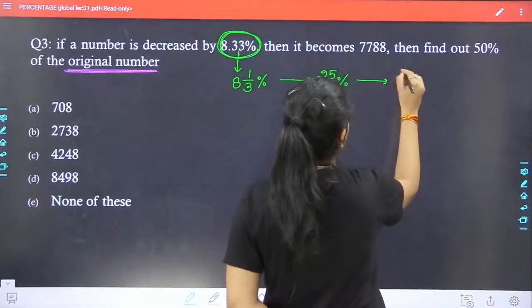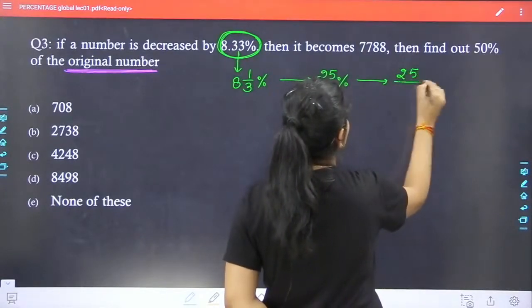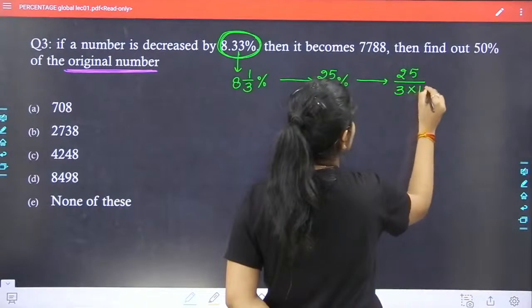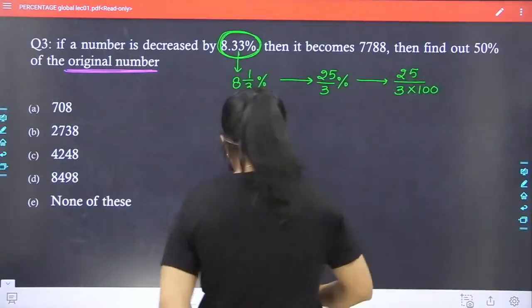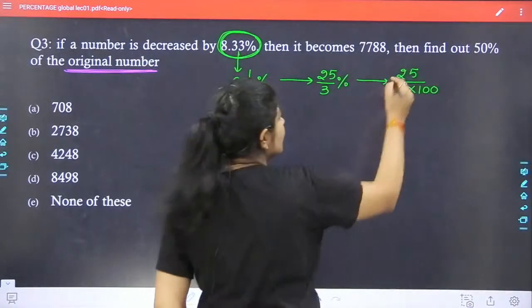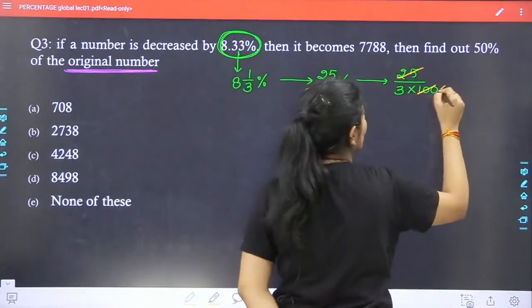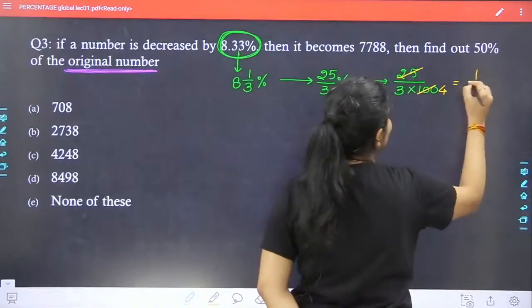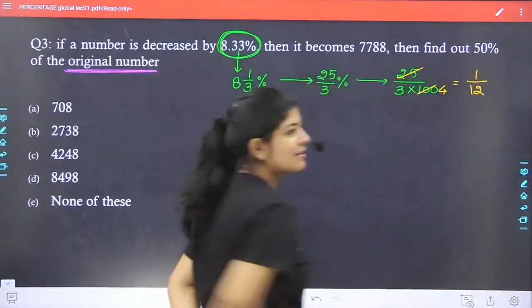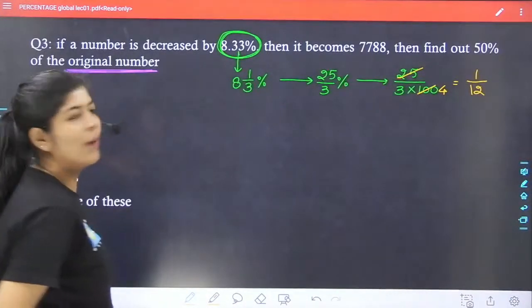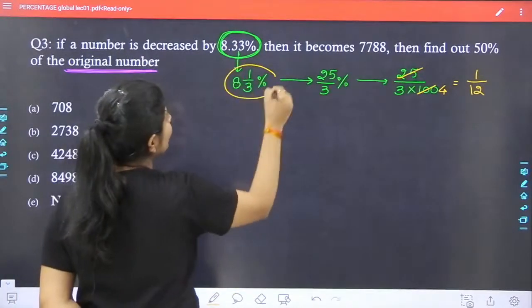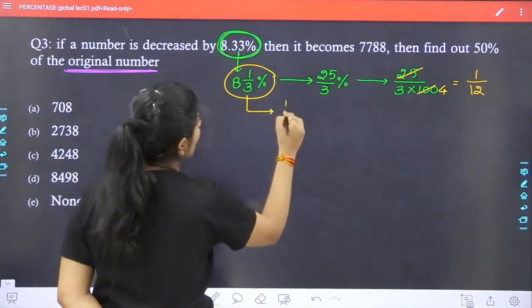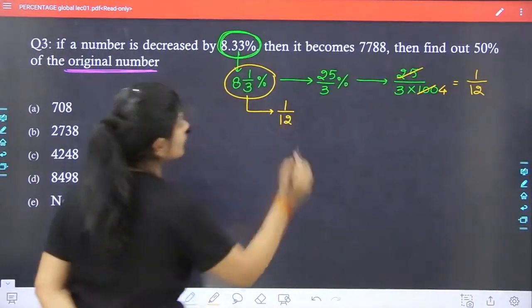So, I'll write it as 25 upon 3 into 100 and this percentage symbol is removed. Now, if I solve this, I'll get 1 by 12 as my answer. That means I can write 8 1 by 3% as 1 by 12 in fraction.